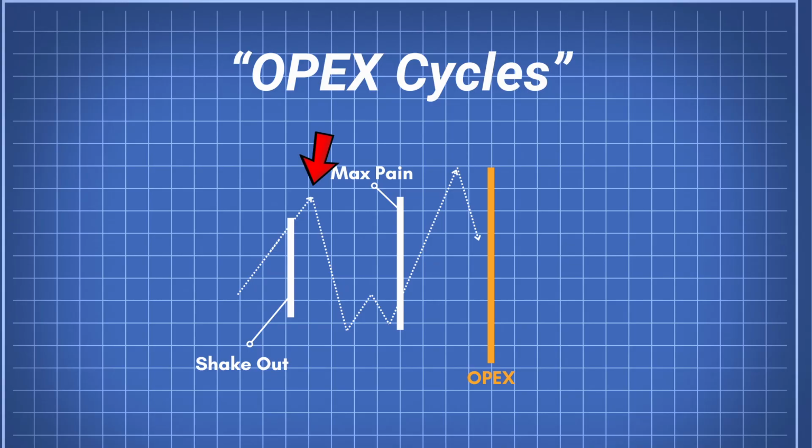So if around this time you see some sort of move down, then you can expect that eventually that will likely be reversed higher throughout the time leading up to the max pain phase. The shakeout phase almost always brings a pivot, no matter what. Even if it doesn't bring a fakeout, it will almost always be a pivot level, but the majority of the time it will carry some sort of fakeout in one direction or the other.